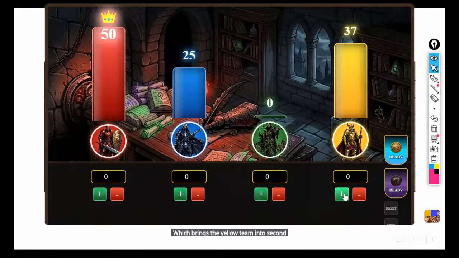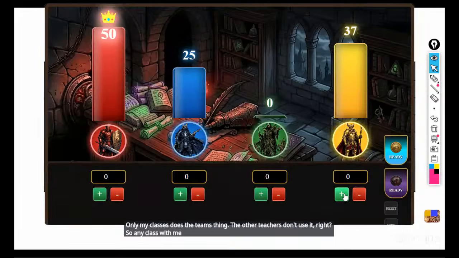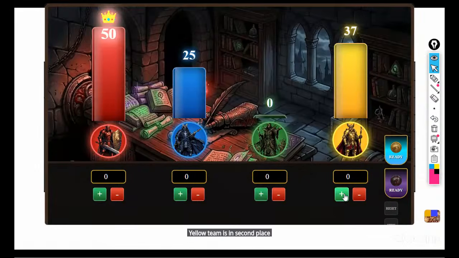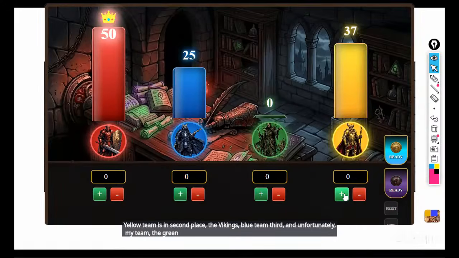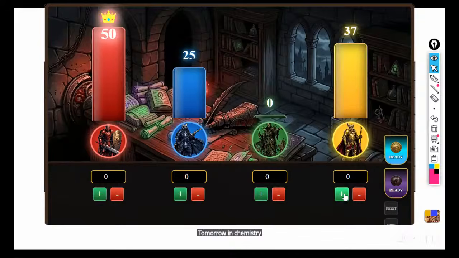So that's the standings. Only my classes do the teams thing, and the other teachers don't use it, right? So any class with me, you will know it. So red team is first place, yellow team is in second place, the Vikings, blue team, third, and unfortunately my team, the green team. Don't worry, guys, have faith. Tomorrow in chemistry class, we will get some points. I can feel it.